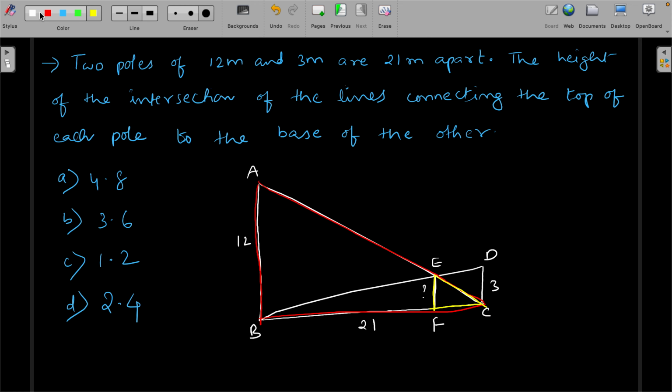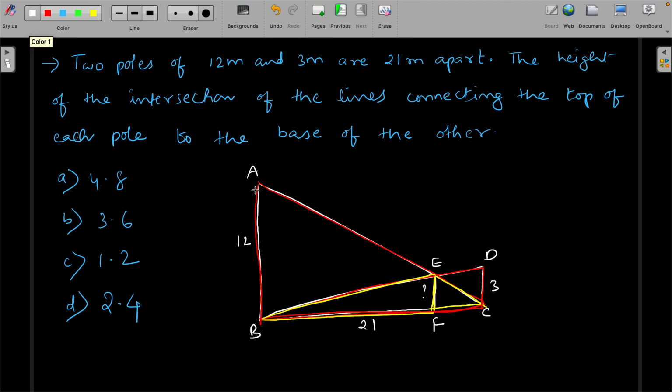The same way, if you see the other side, triangle BDC is similar to triangle BEF. We know that when two triangles are similar, their sides are proportional.